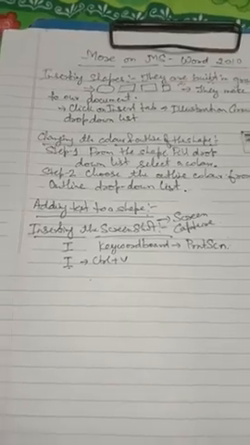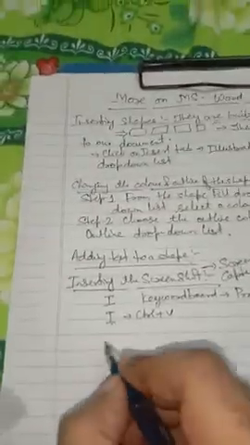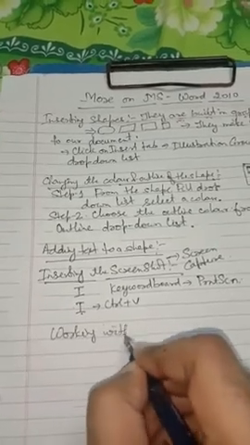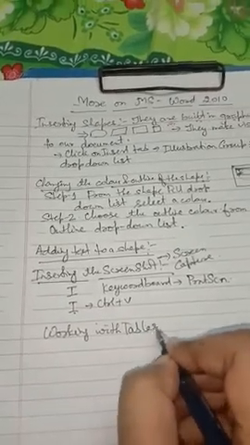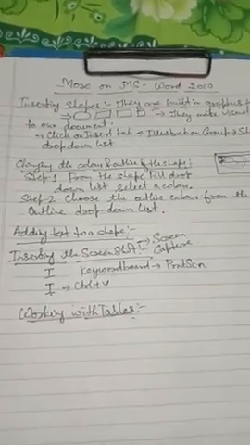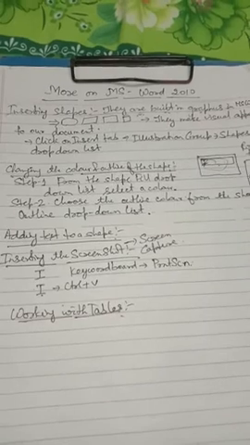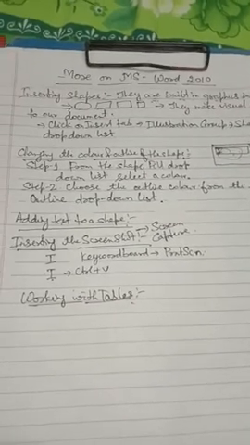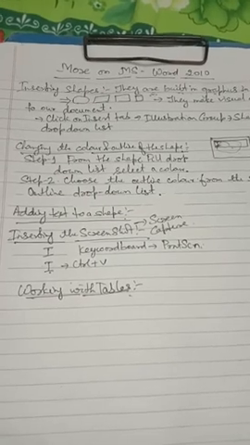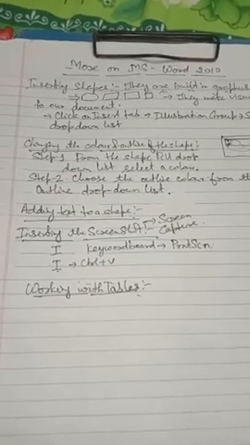Now the next topic that we are going to discuss is working with tables. So what is a table? Many times we are told that a table is a grid-like structure that consists of vertical columns and horizontal rows.